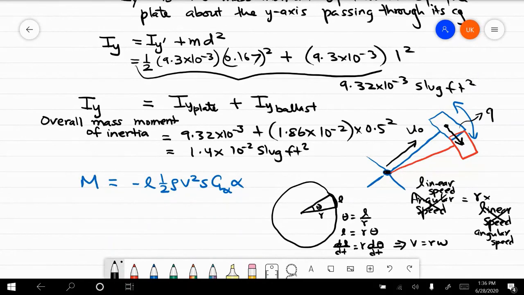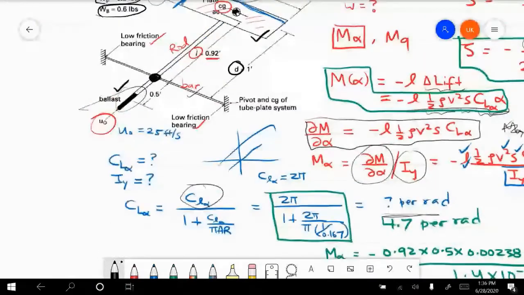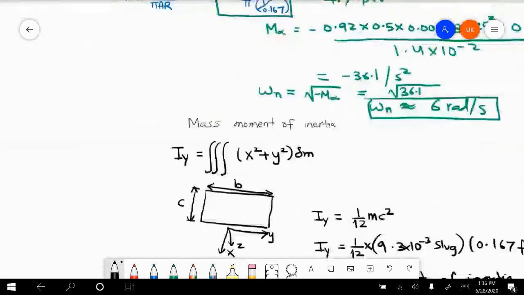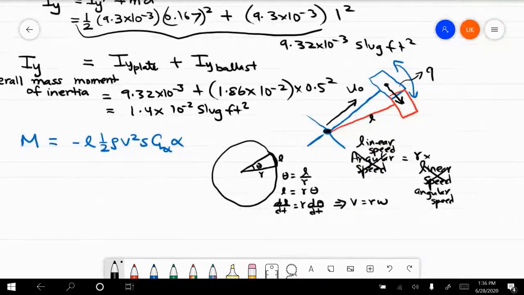So that is equal to L. If you refer to the figure here, L is defined as the distance from the center of the circle to the center of gravity. So this speed in the circular path is going to be equal to q times L.